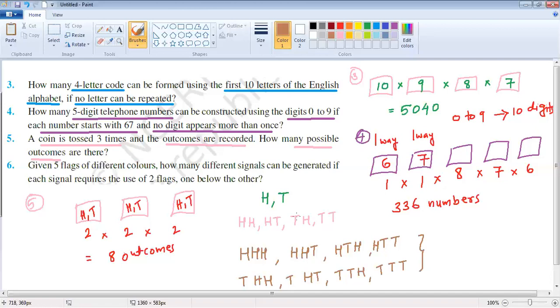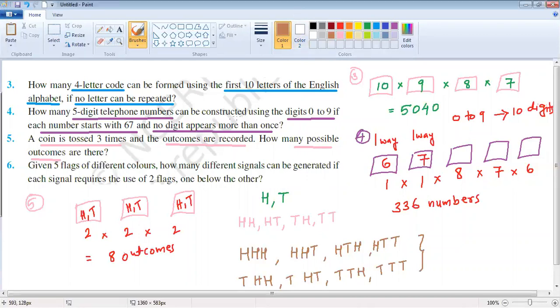And we know that by counting principle, if one event can happen in m ways, another event can happen in n ways, एक के बाद दूसरा ऐसे दोनों continuous, it can happen in m into n ways. So here first event can happen in 2 ways, second event in 2 ways, third event in 2 ways. So तीनों together, एक के बाद दूसरा ऐसे, दूसरे के बाद तीसरा ऐसे, it can be possible in 2 into 2 into 2, 8 ways. That's why there are 8 outcomes.